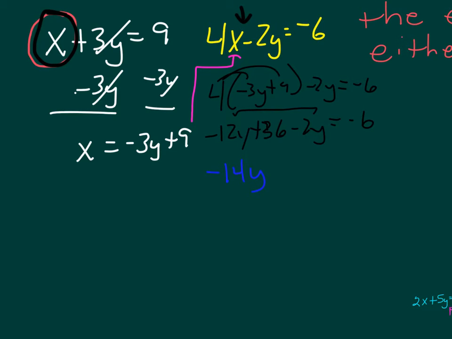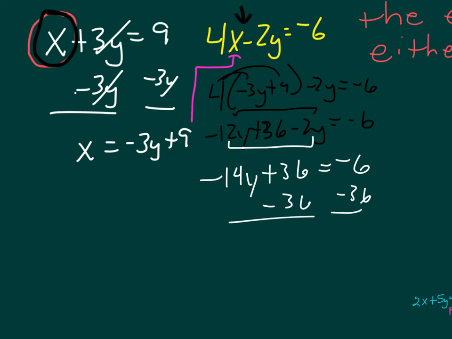Oh, that's not a good color right there. Let's try this one. Let me erase that. When you connect these two right here, you get -14y plus 36 equals -6. I'm then going to subtract 36 from both sides.